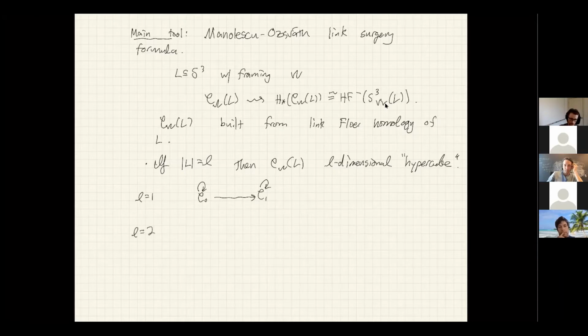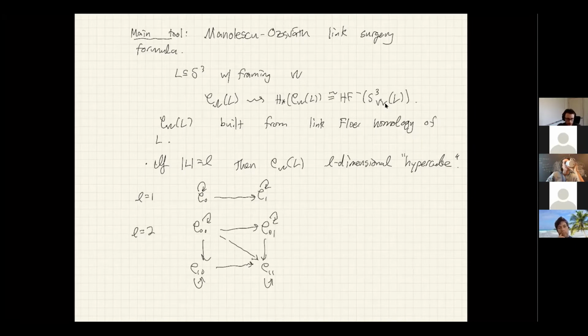If L is 2, then I get this cube-shaped chain complex: C00, C01, C10, C11. The arrows in the chain complex can never decrease the cube filtration. That's basically all a hypercube is.